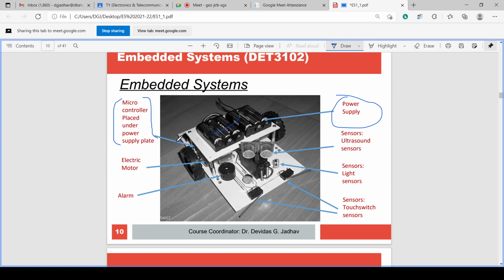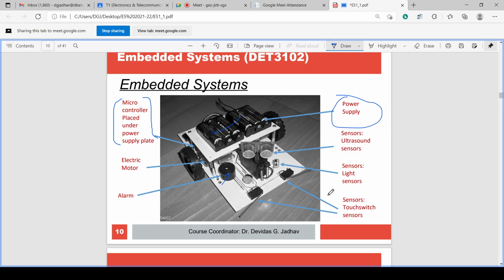Okay. So there is an electric motor. You can see the part of the electric motor here, and to the shaft of the electric motor the wheel is connected. On the other side also there is one more electric motor, and to its shaft the wheel is connected. Then there is the alarm. Okay. This is the alarm.